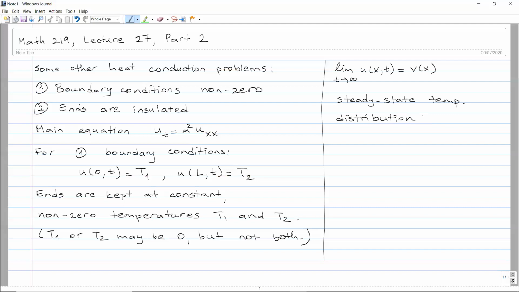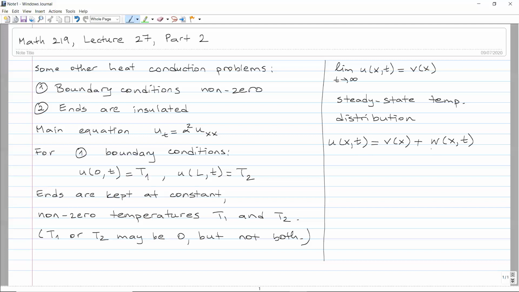When both ends are kept at constant 0, we expect the steady state temperature to be constant 0. But here, the ends are again kept constant, but not at 0. So we write the solution as the sum of the steady state solution v(x) plus another part w(x,t).